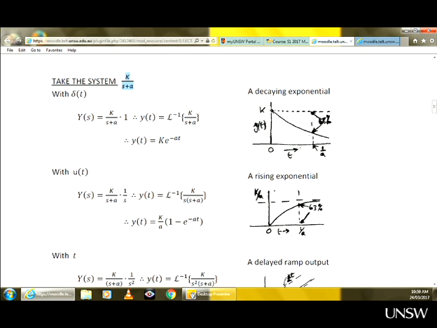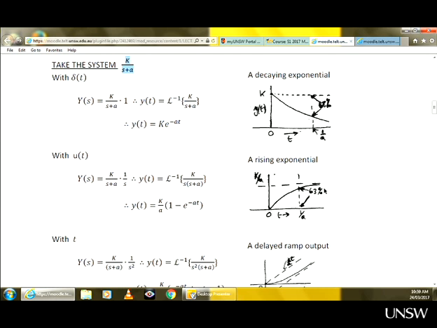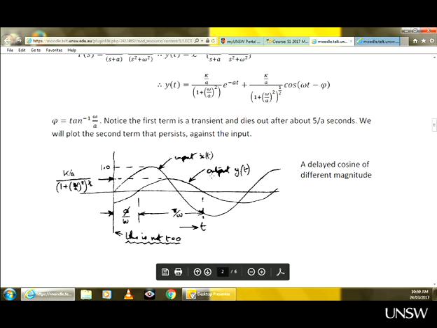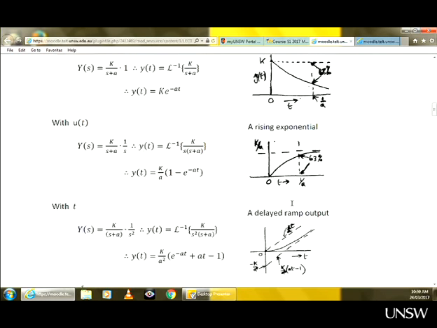You apply an impulse, the output gets back to zero. You apply a step, the output gets to a constant. You apply a ramp, the output gets to a ramp. You apply cosine, the output becomes a cosine. But there is always a transient period. It doesn't happen immediately. So can we find the time constant for that system? It's very hard.